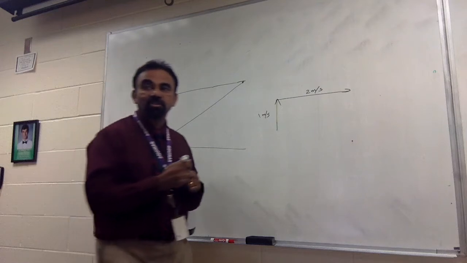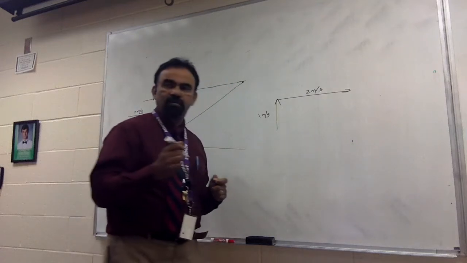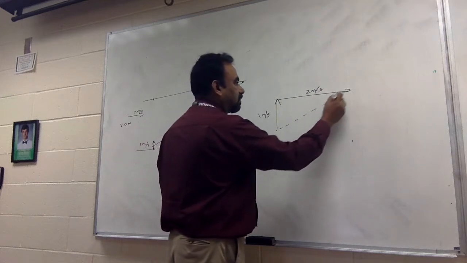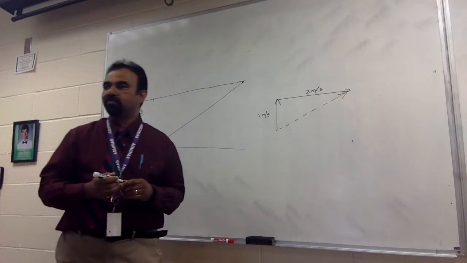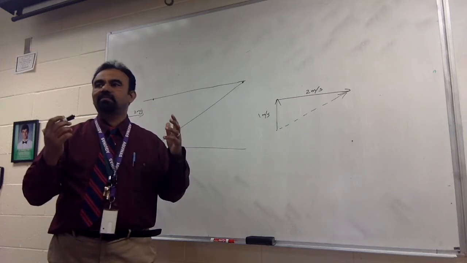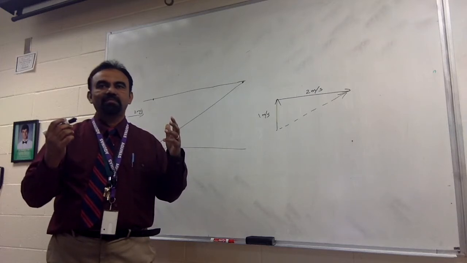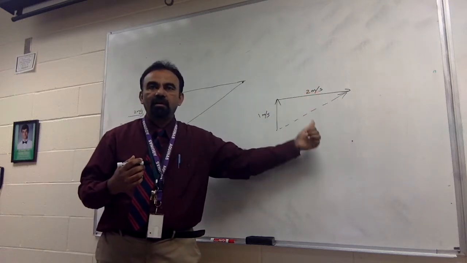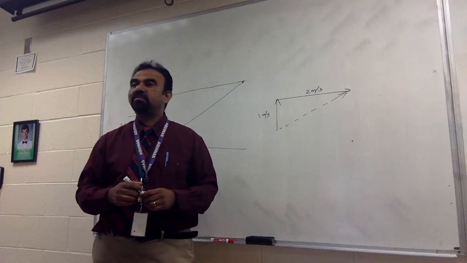How fast are you moving? 1 meter per second, 2 meters per second. How do you find this resultant?